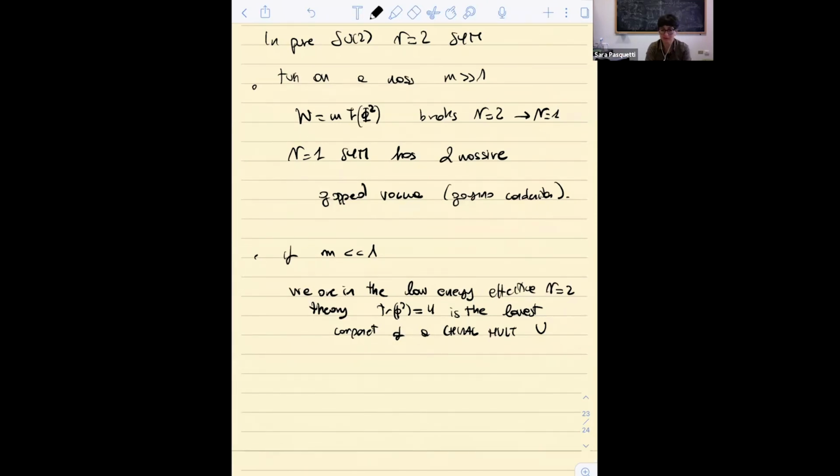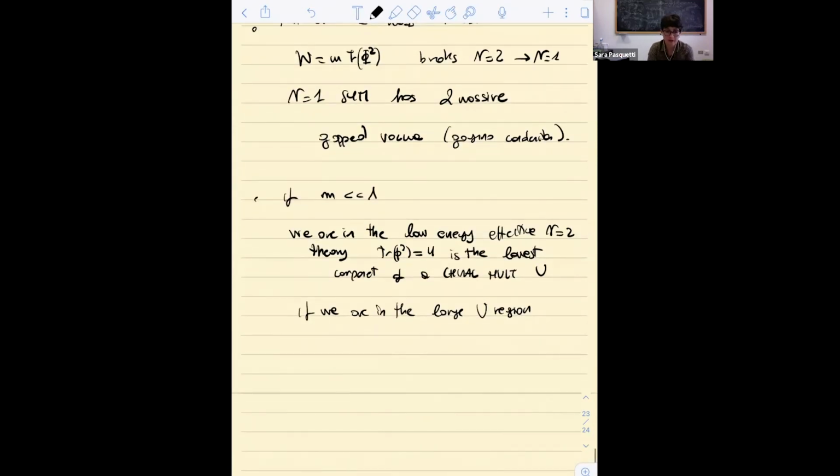It can be that I'm in the large U region. If you are in the large U region, then we have this U1 theory with no charged fields, where you only have the chiral multiplet, which is in the adjoint.